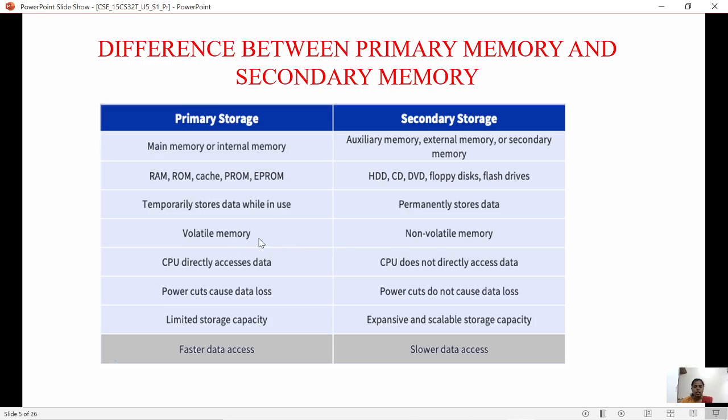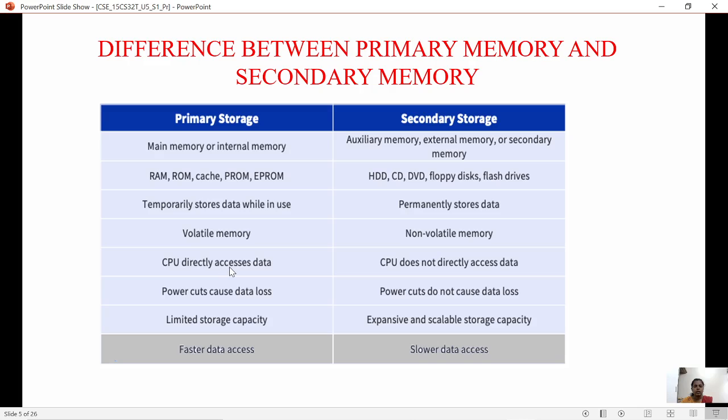Volatile means the memory loses its data when the power is off. Non-volatile means the memory retains its data even when the power is off. This is the difference between these two.